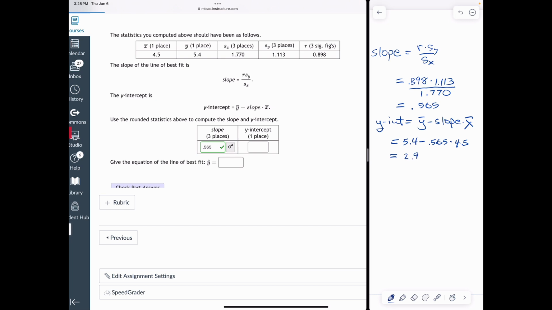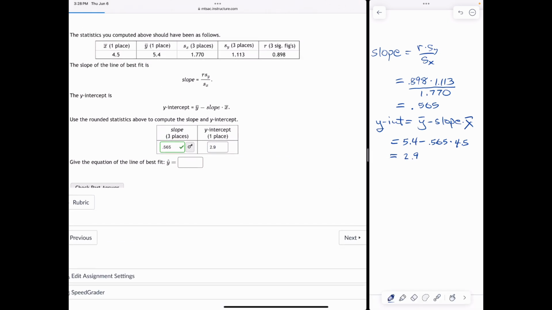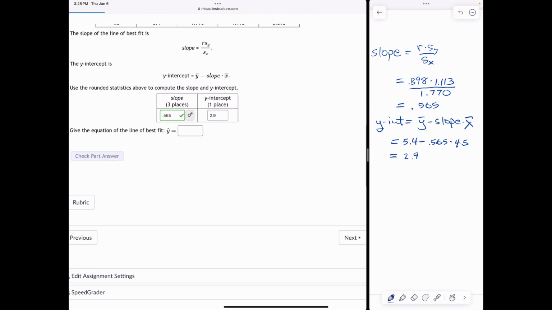Like that. Okay, so let me do this real quick. Like that, and as I said before, I'm checking it now. Looks good. Now the line of best fit is y hat equals the y-intercept plus the slope times x.